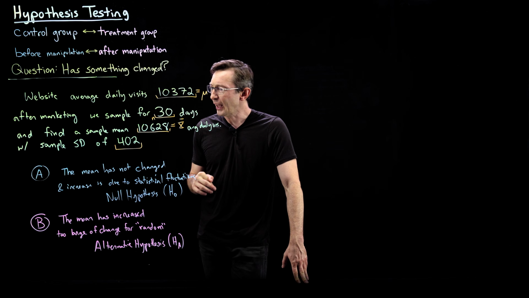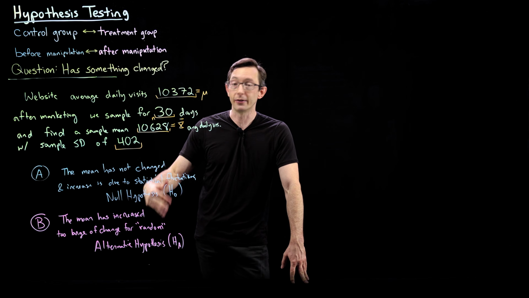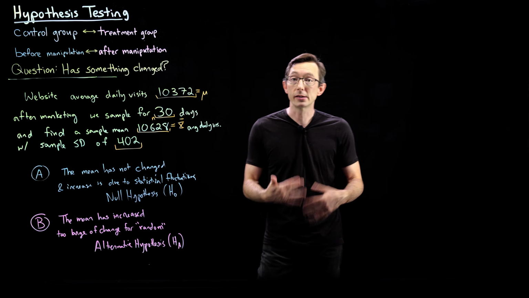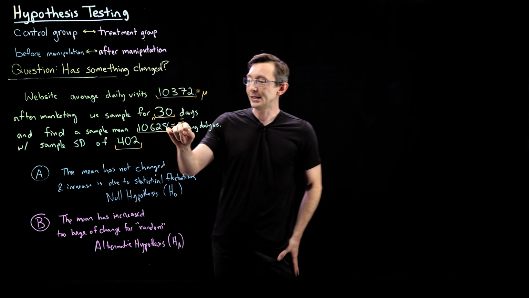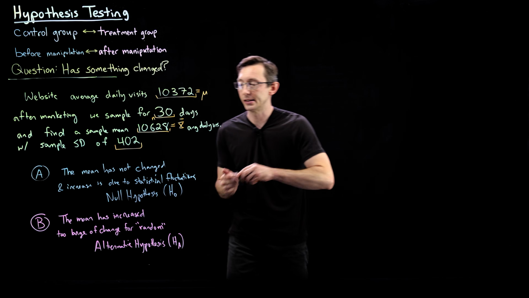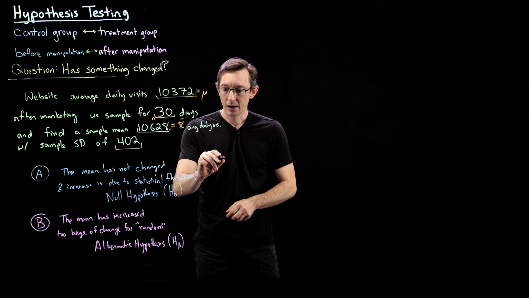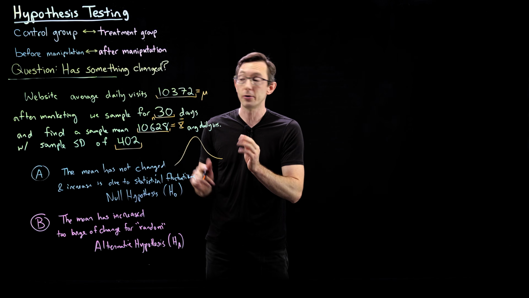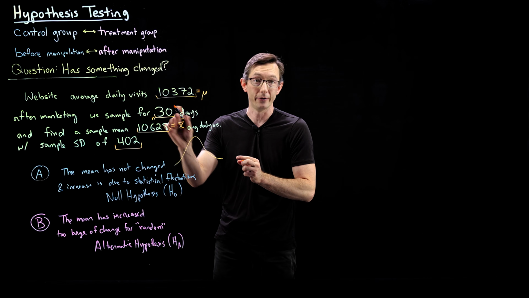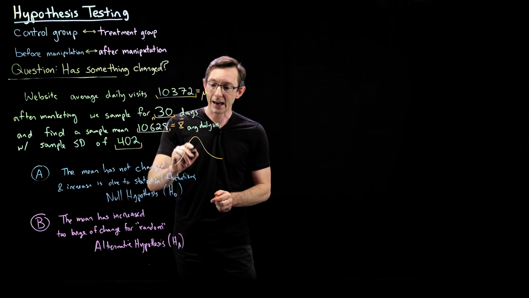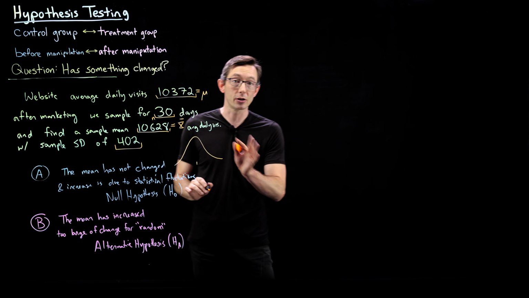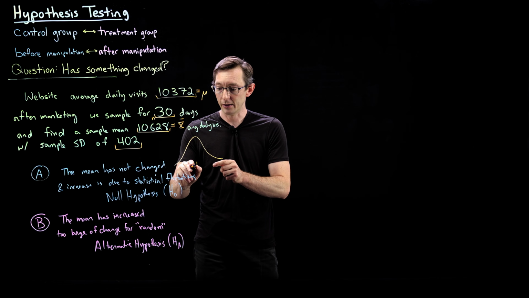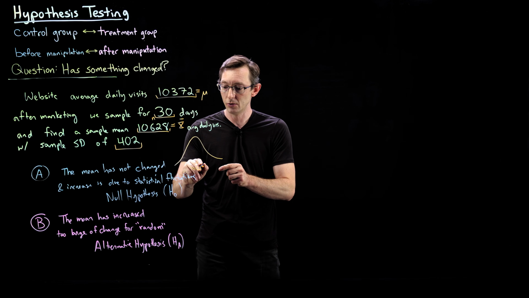Okay, good. And the answer to this question of has something changed, we're going to use the central limit theorem. So this x bar quantity is going to be a normally distributed random variable. We know that as long as n is large enough, and 30 is large enough, then x bar is going to be normally distributed around its value of 10,628.